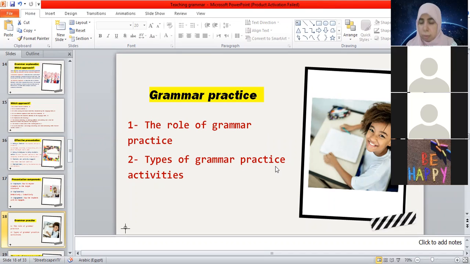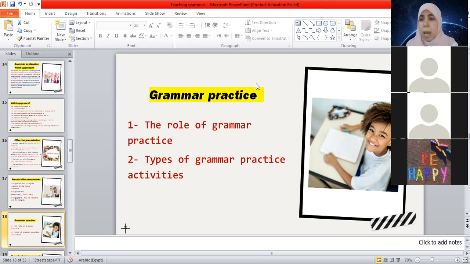It's very important to make sure that the students understood the key structure or the grammar pattern. Yeah, that's right. We check through the practice time whether the students exactly understood the key structure or the grammar pattern.